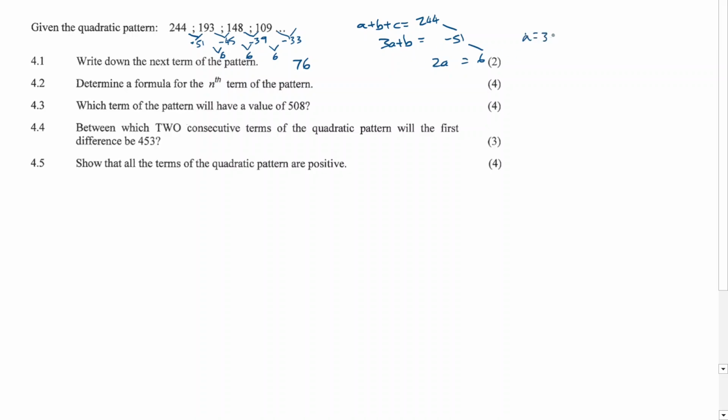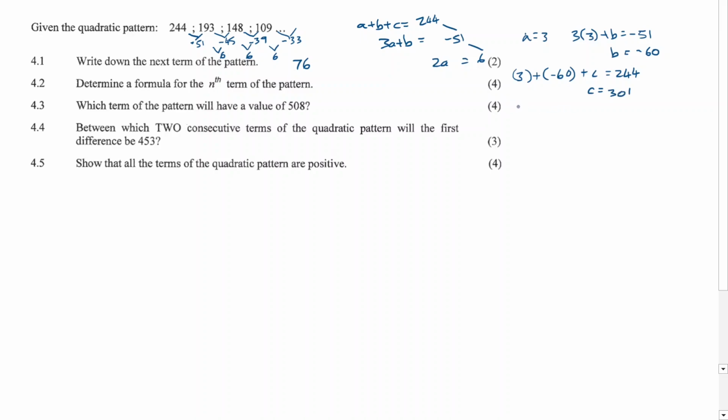Then I go up a layer, 3a plus b equals minus 51, and so b would equal minus 60. Go to the top layer, a plus b plus c must get me back to the first number. Therefore, c equals 301.